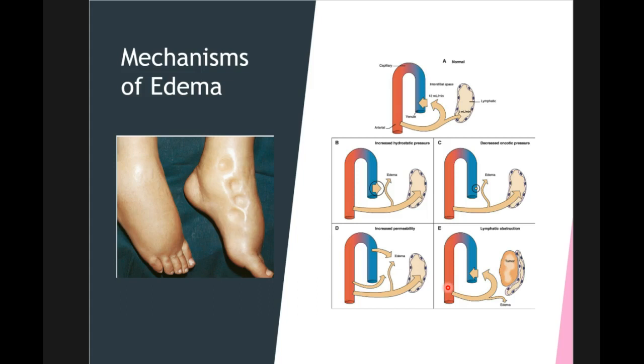So when this happens, usually protein also leaks into the interstitial compartment, and with that protein, remember protein increases osmotic pressure. So now this potentiates the situation and increases the amount of fluid in the interstitium.